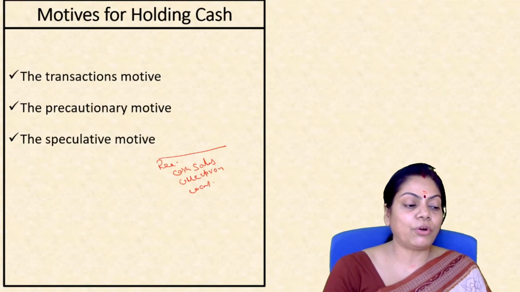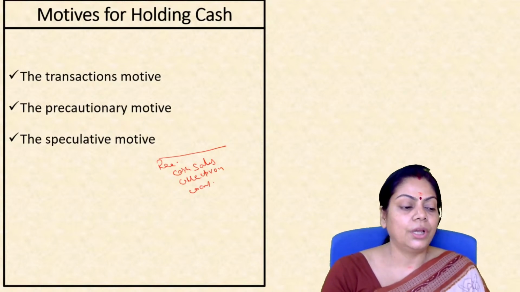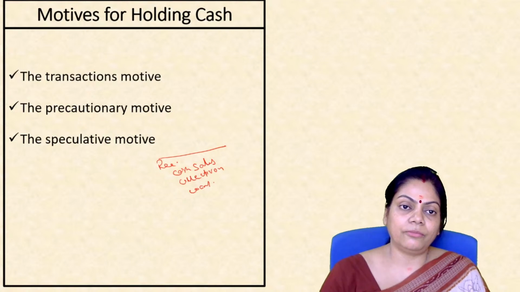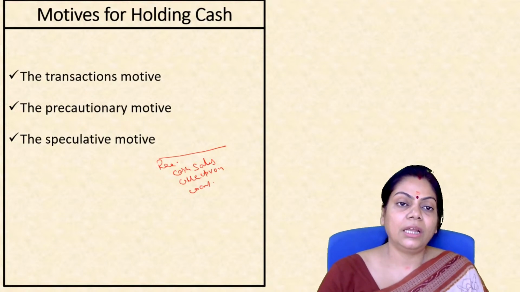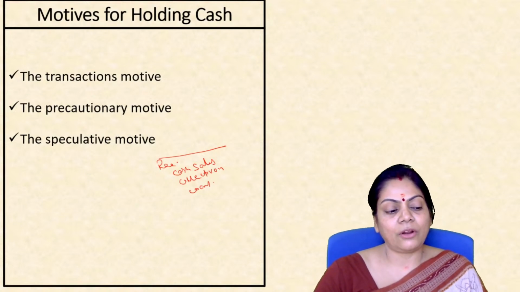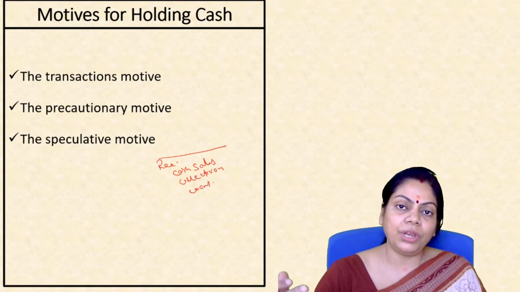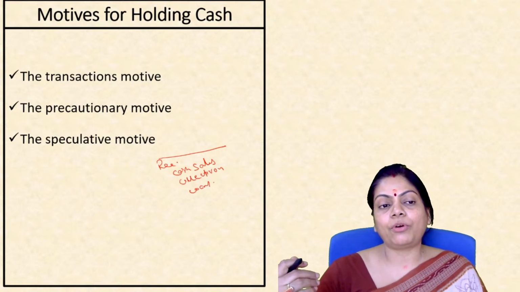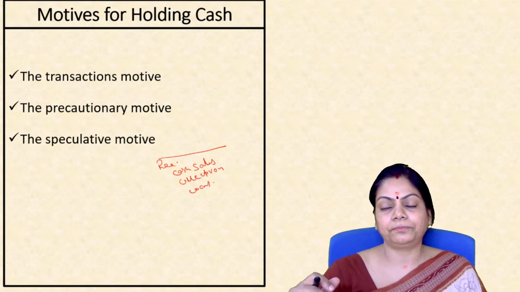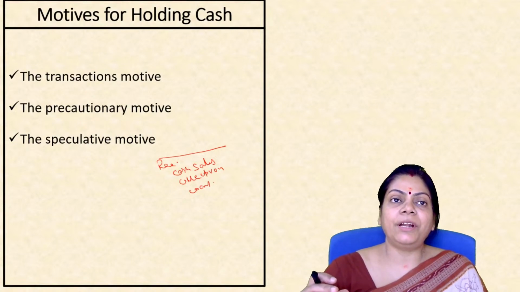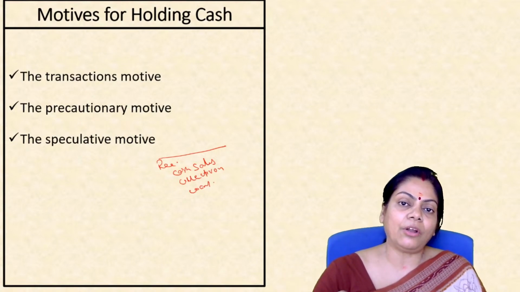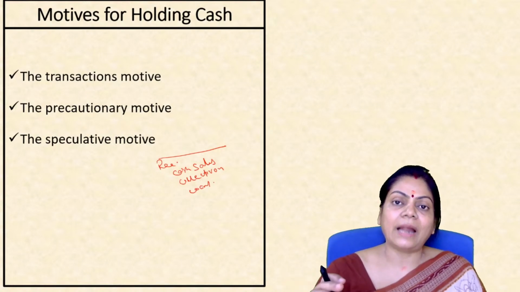Okay, so when we talk about cash flows, there are various kinds of cash flows. There are independent cash flows, there are dependent cash flows, and there are also cash flows which keep on growing over a period of time. Independent cash flows are not dependent on any other activities of the business.